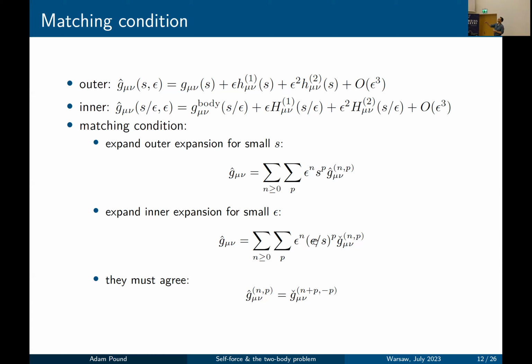Now, because the series looks somewhat different, because here you have epsilon over s to the p, and here you just have s to the p, there's shifting in the indices. But all that matters is the basic idea that these two series have to agree order by order in epsilon and s. So there's a relationship between the coefficients.